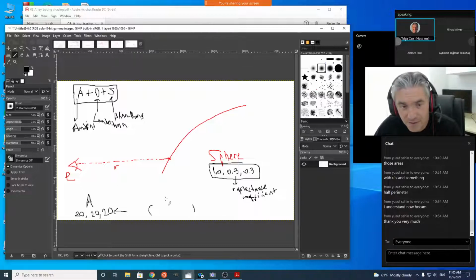But it's something very simple. We just say multiply 20 with 1.0, it's 20. Multiply 20 with 0.3, it's 6. Multiply 20 with 0.3, it's 6. So we get this 20, 6, 6 vector. Look at this 20, 6, 6 vector.